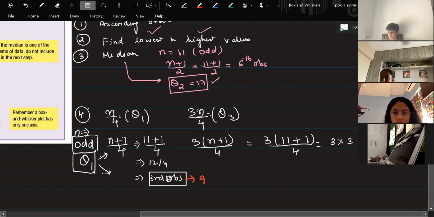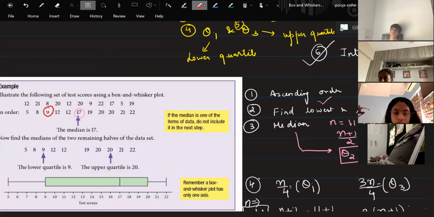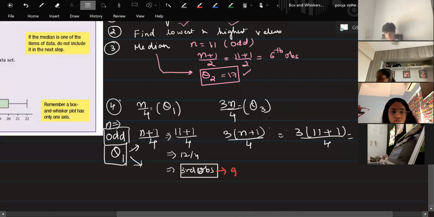The 9th observation. Let's figure out the 9th observation. 1, 2, 3, 4, 5, 6, 7, 8, 9: 20. So my Q3 is 20 and my Q1 is 9.